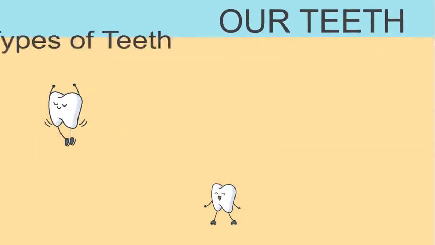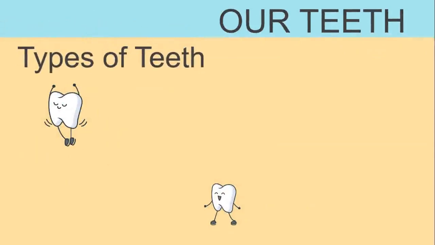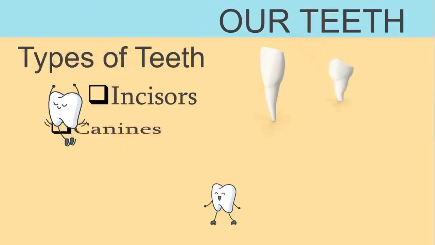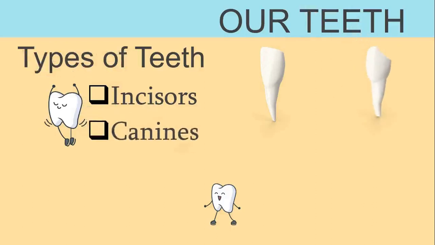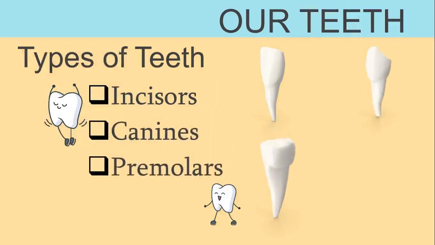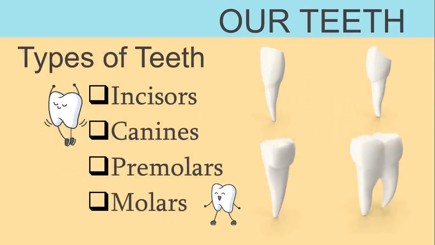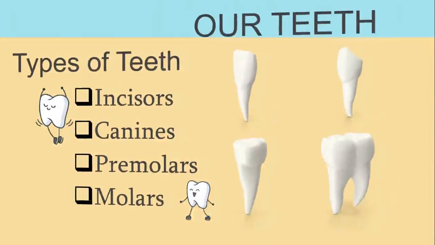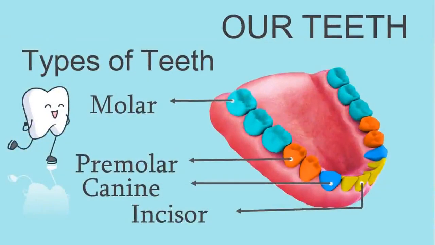Next, types of teeth. What are the types of teeth we learned? Incisors, canines, premolars and molars. The incisors are in the front of the mouth. Incisors are sharp.